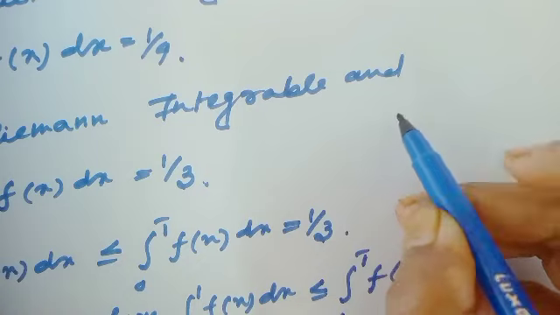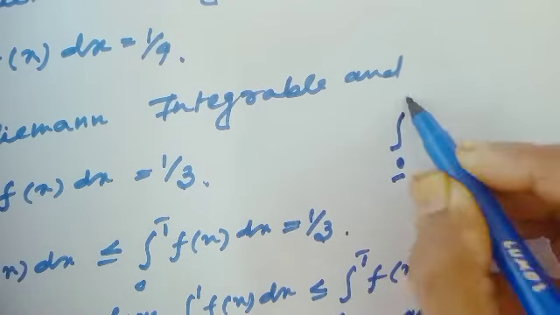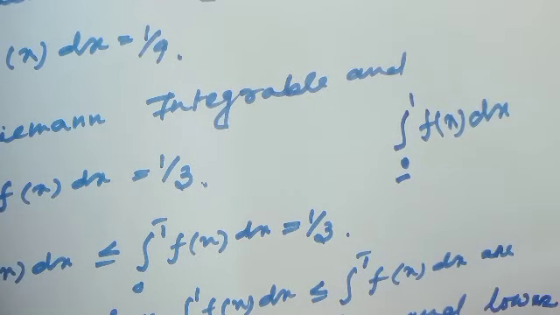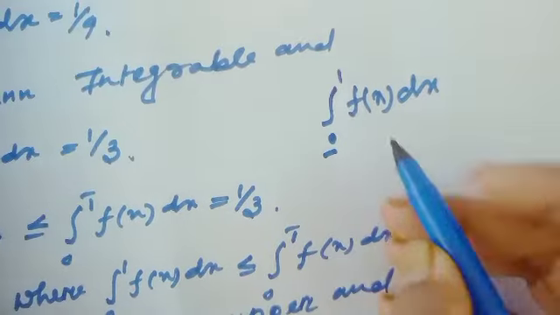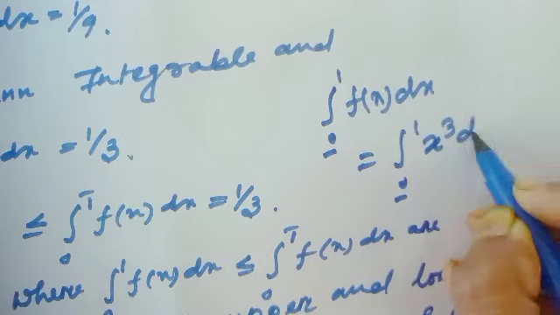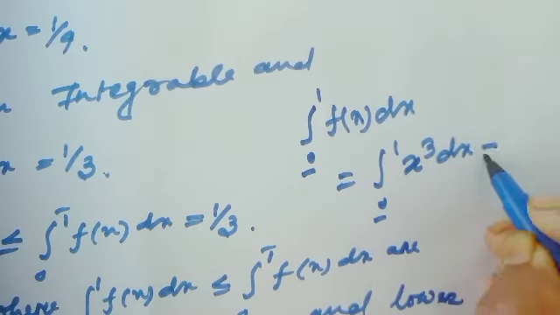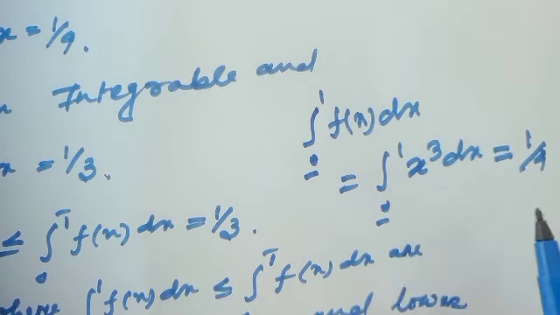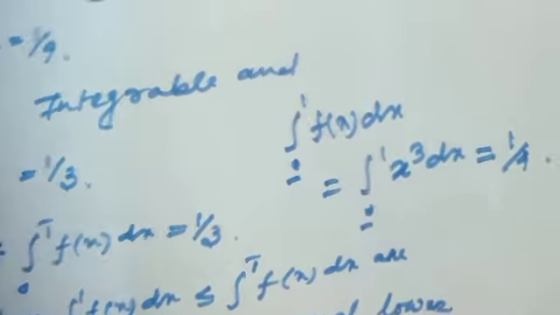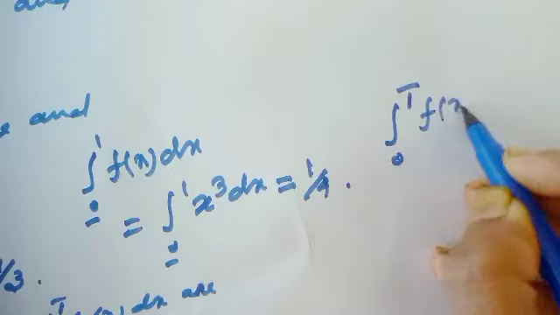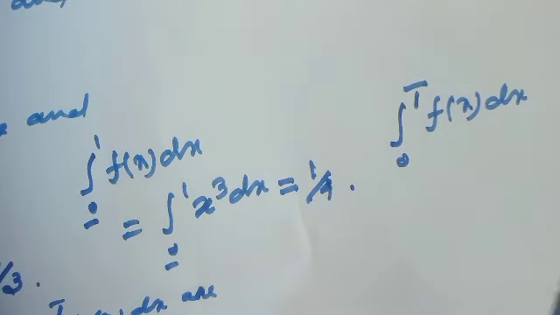The lower integral, 0 bar to 1 of fx dx, since x cube has the minimum in each subinterval of the closed interval 0, 1, that means this value would be 0 bar to 1 of x cube dx, which is equal to 1 over 4. That means the lower integral is equal to 1 over 4 and the upper integral would be equal to 0 to 1 bar of fx dx. x square has the maximum in each subinterval of the closed interval 0, 1.